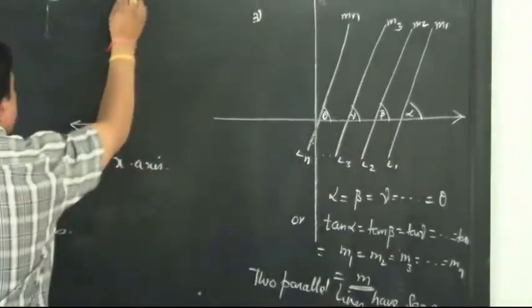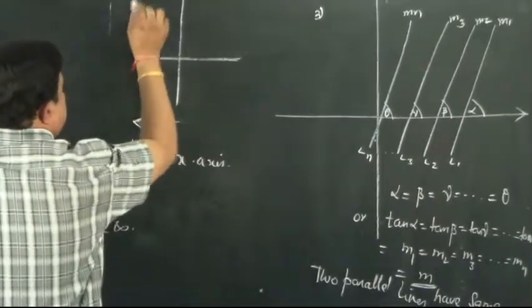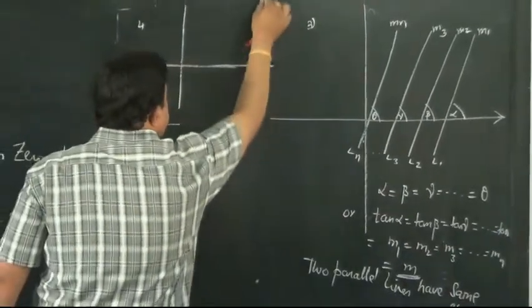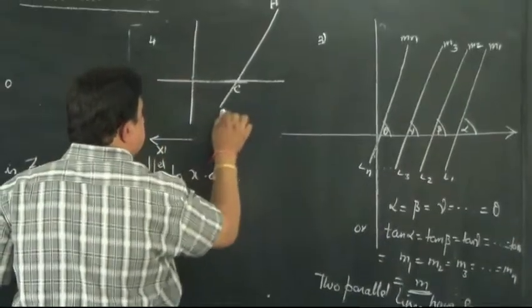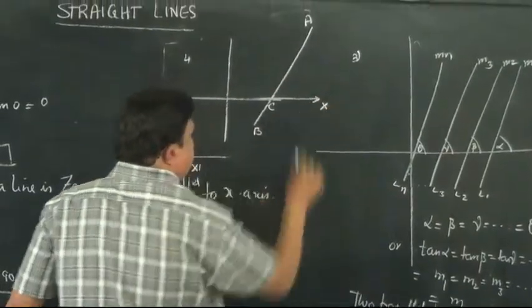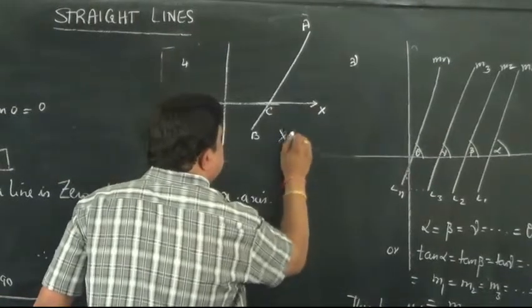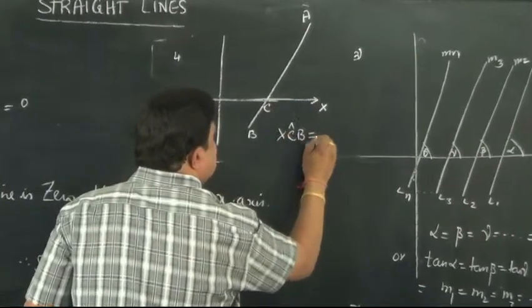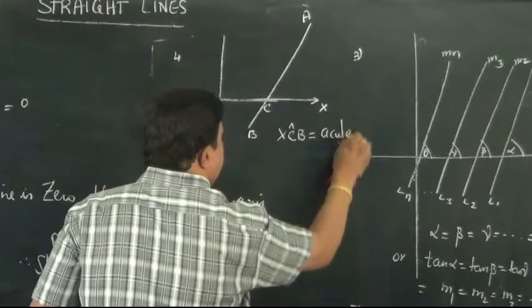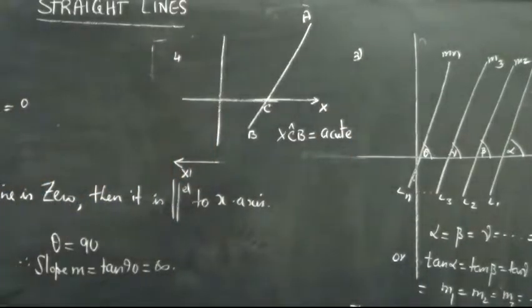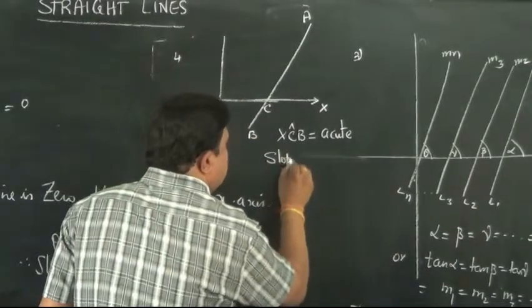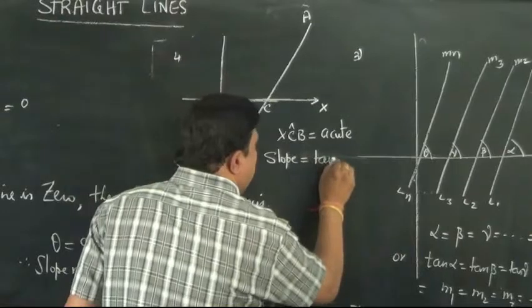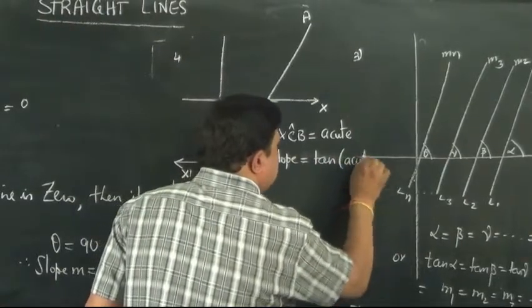Now I want to note point 4. In the coordinate system, I have a line like this. ACB is the line and this is the x-axis. Now if you look at angle XCB, very clearly, it is an acute angle because it is less than 90 degrees. Therefore, the slope is tan of this acute angle.